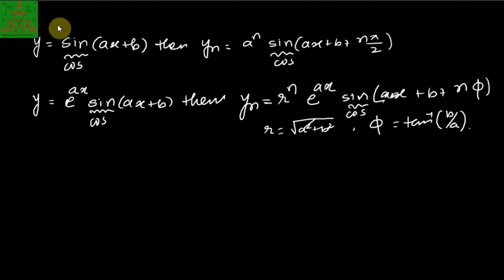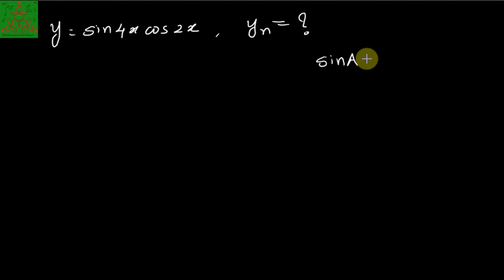Let us discuss the first example, that is y equal to sine 4x into sine 2x. The question is to calculate yn, the nth derivative of y. As we know, there is a trigonometric identity: 2 sine a cos b is sine(a plus b) plus sine(a minus b).